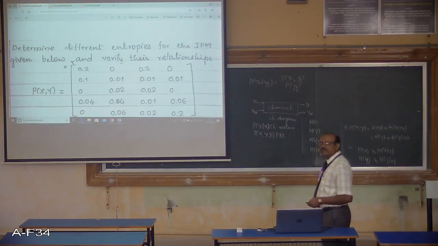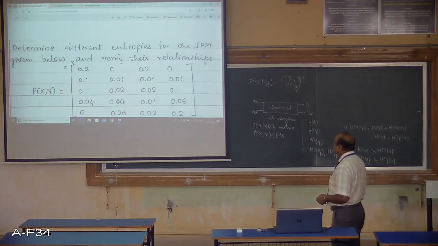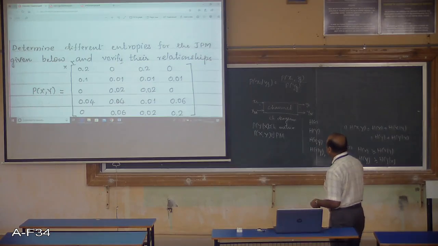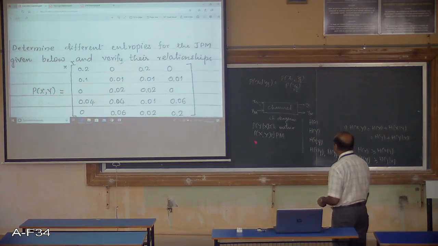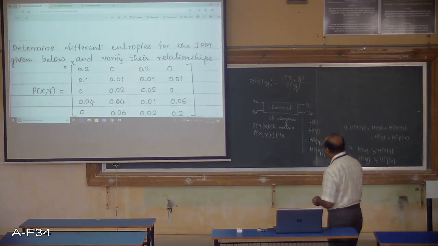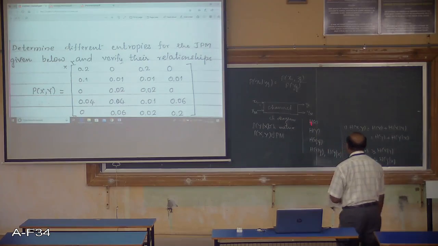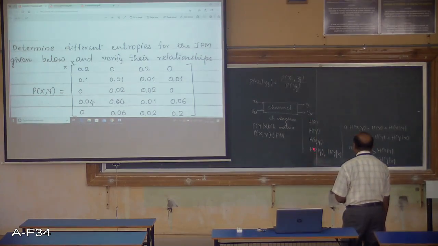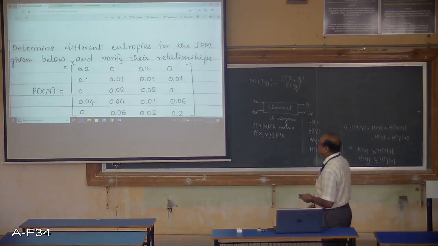We can evaluate those parameters based on which we can draw certain conclusions. Now what is given in this problem is a particular channel described by JPM, whose parameters are given here. And given the channel in the form of JPM, we'll have to find out all these entropy functions and verify these 2 relations between the entropies.